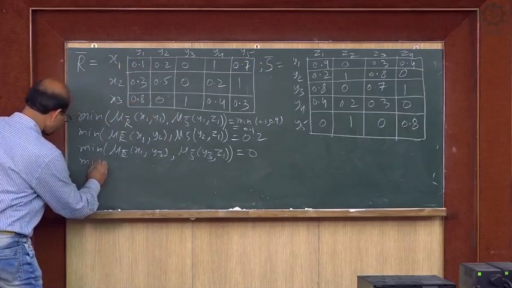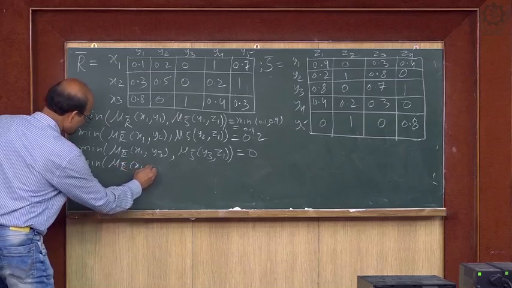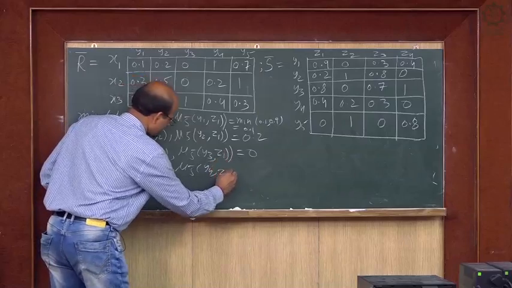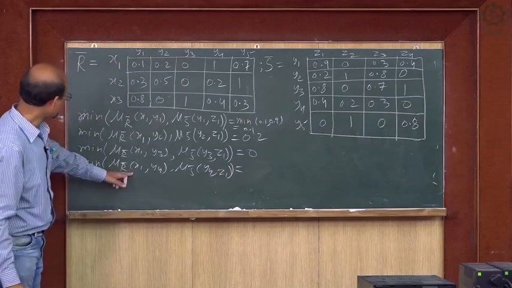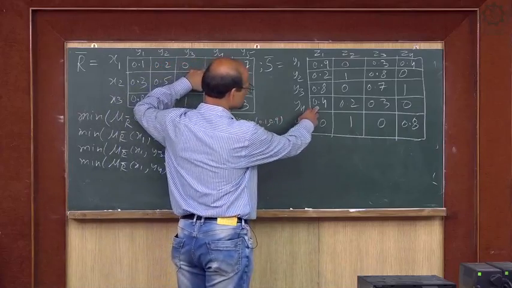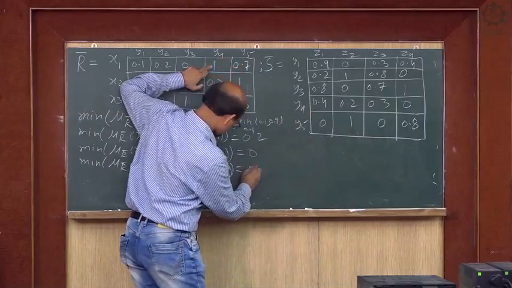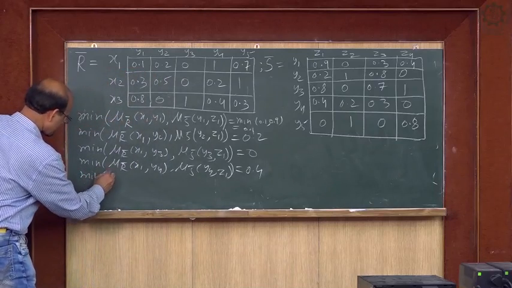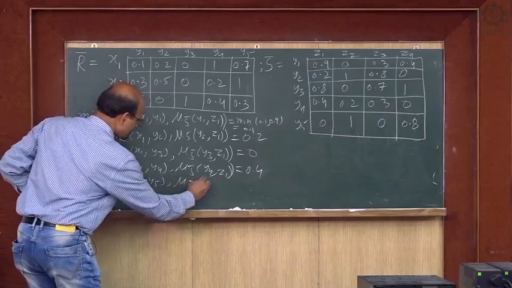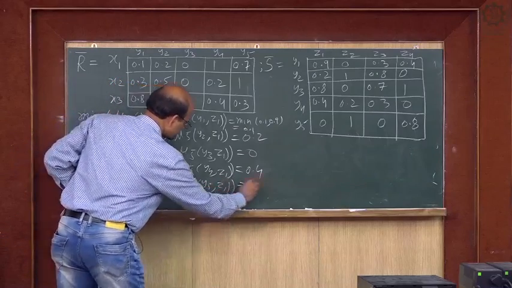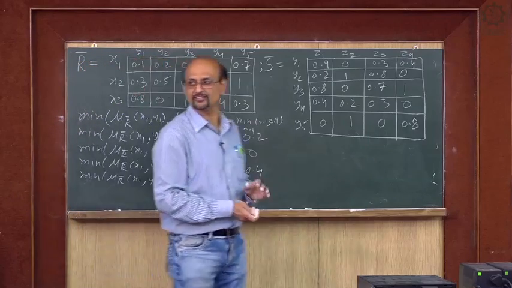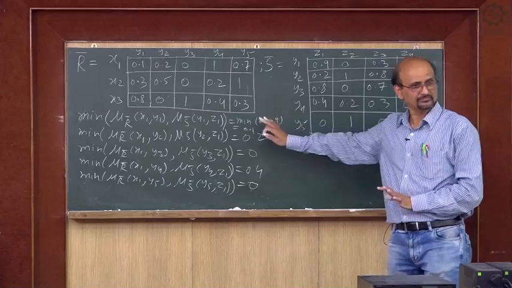So minimum of mu r bar x1 y4 and mu s bar y4 z1. So what is that? x1 y4 and y4 z1 is 0.4. Then last one for this, minimum of mu r bar x1 y5 and mu s bar y5 z1. What is that value? 0. I believe you. So I am writing 0. This should be 0.